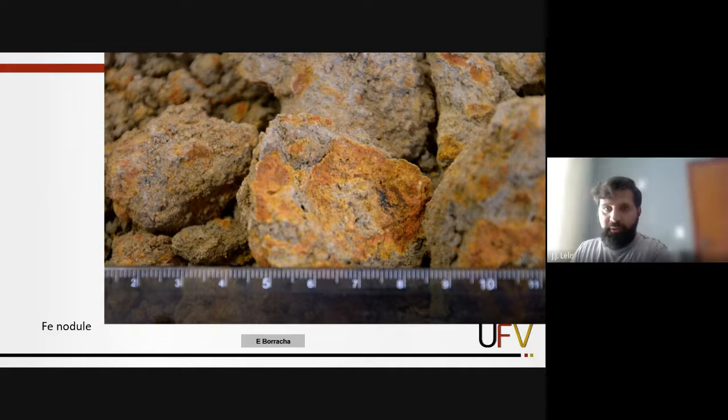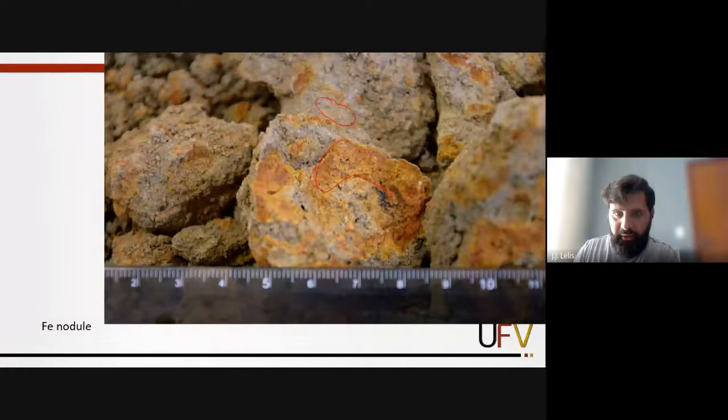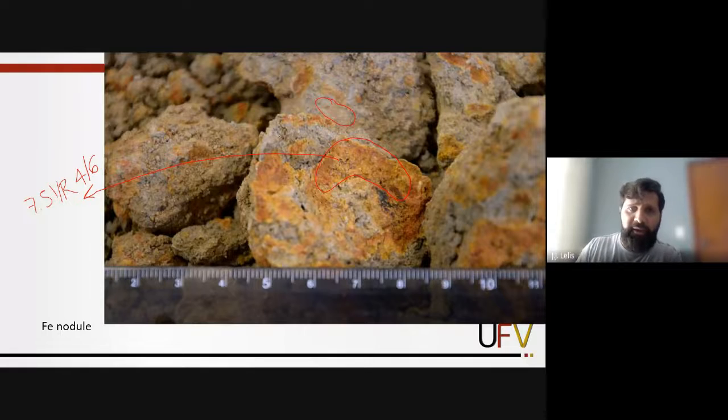So I describe this color and this color, and I take note: this color is something like 7.5 YR 4/6, something like that. And this is 7.5 YR, something like 8/6. So we have different colors here.